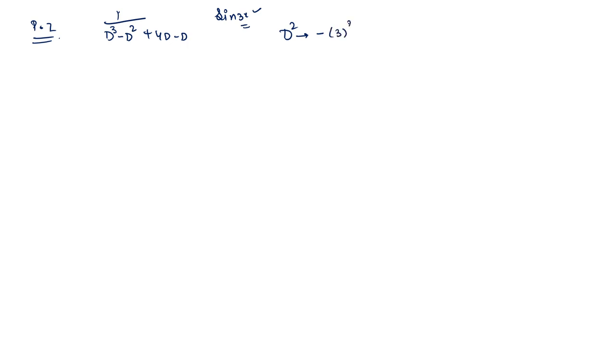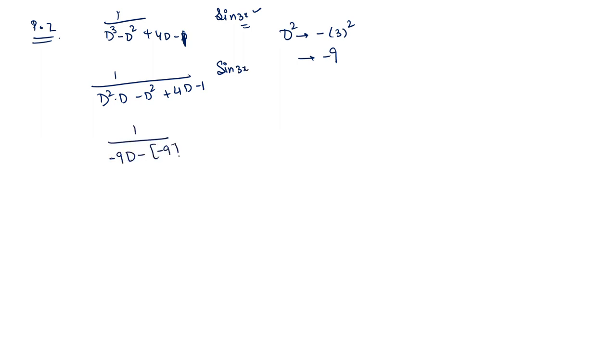It is 3, so a square is 9, which means D square becomes minus 9. So if we replace it, it is D times minus 9 minus minus 9 plus 4D minus 4, sine 3x.